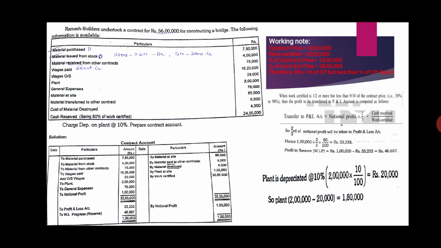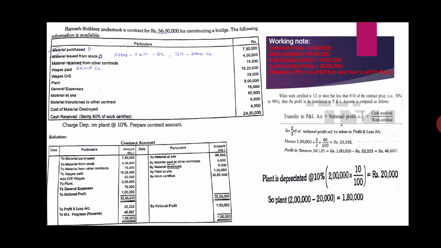Starting from the beginning, material purchased, it is debit. Material issued from store, it is not stock, it is store. Material issued from stock means it is there in your store or stock, which has been taken as additional material. So again debit. Material received from other contracts.